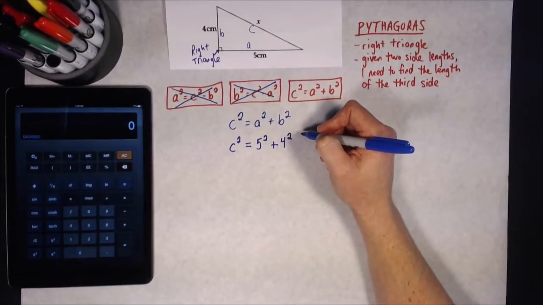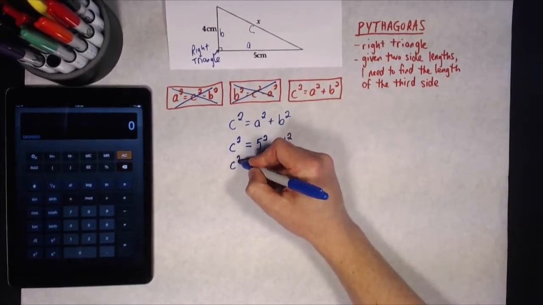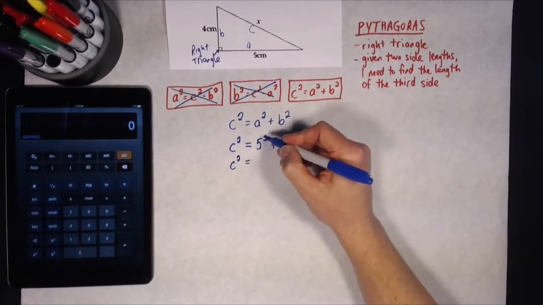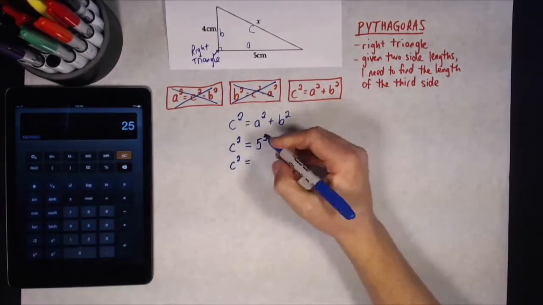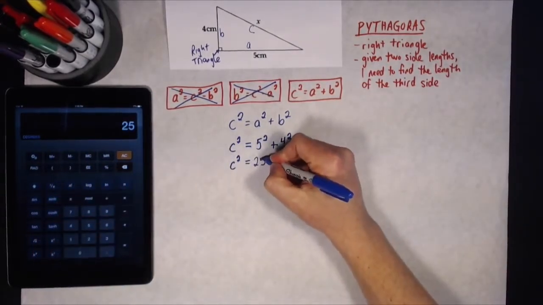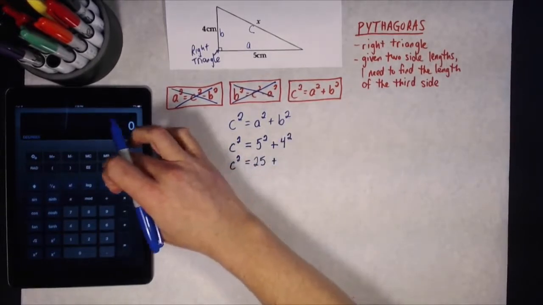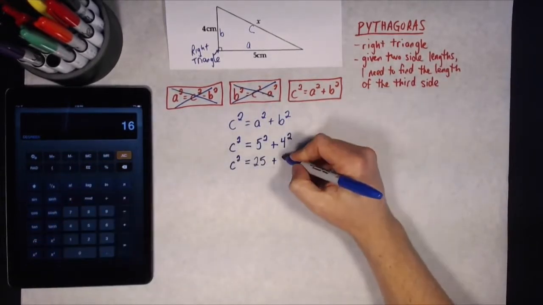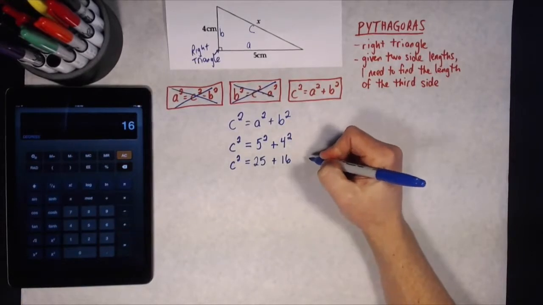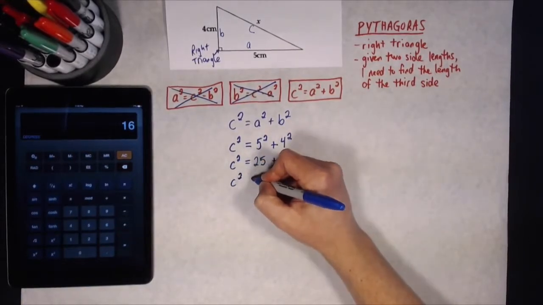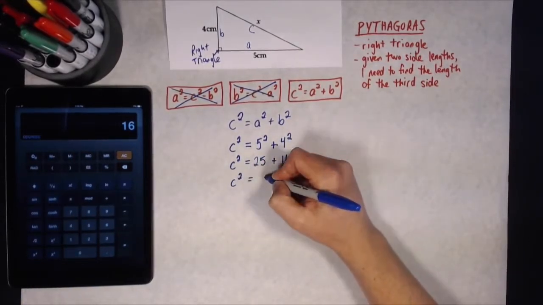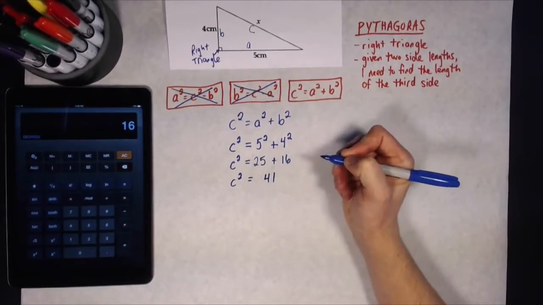Following the order of operations, the next step is to square both of the known values. So 5 squared gives me 25, plus 4 squared, or 4 to the power of 2, which is 16. So c squared equals 25 plus 16, which is 41.